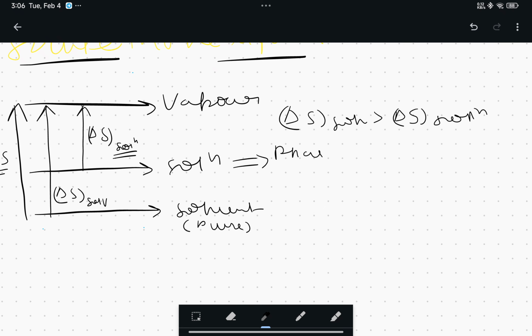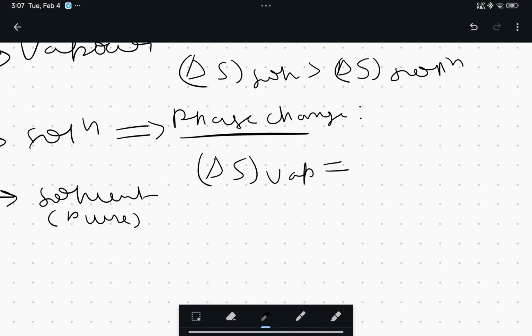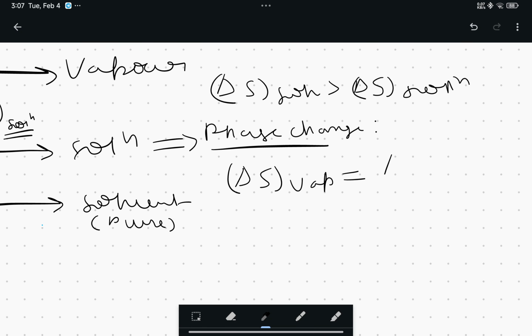So for a phase change, we know that entropy of vaporization is equal to enthalpy of vaporization upon the temperature, and for this case this is the boiling point.